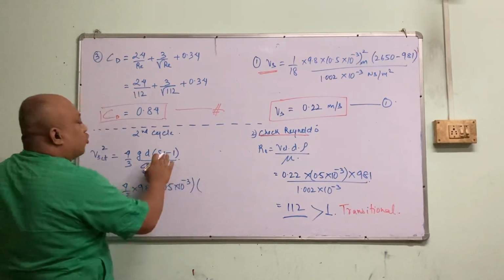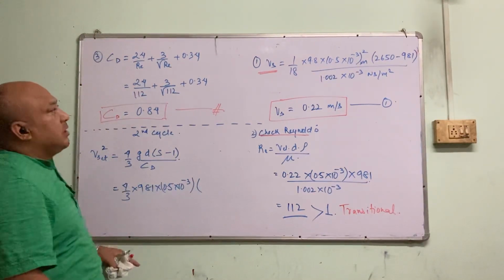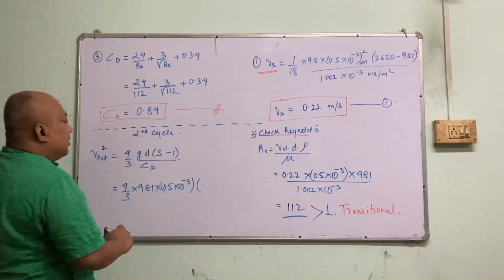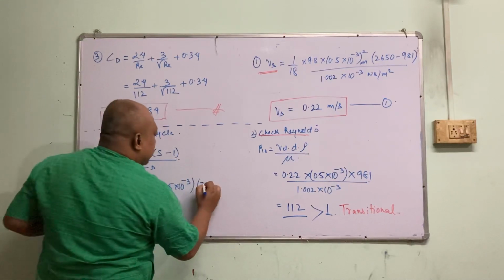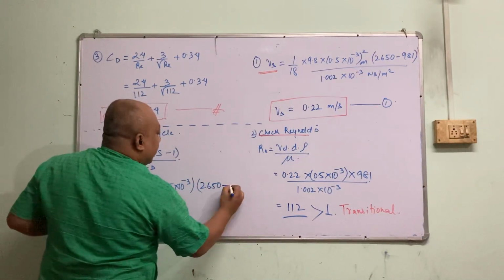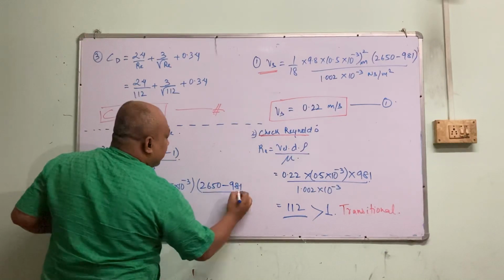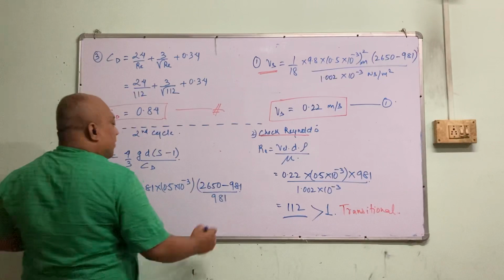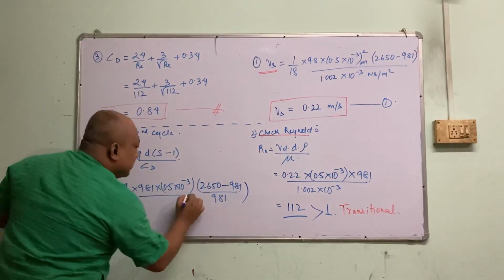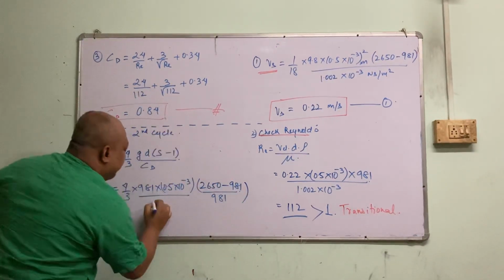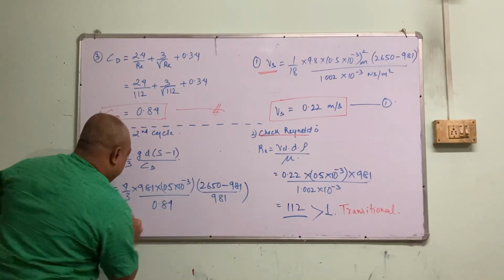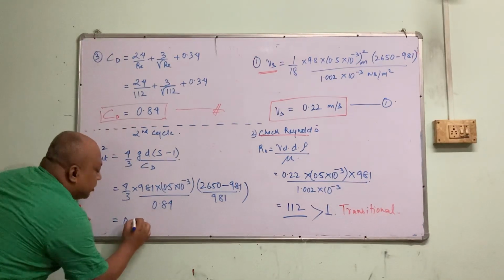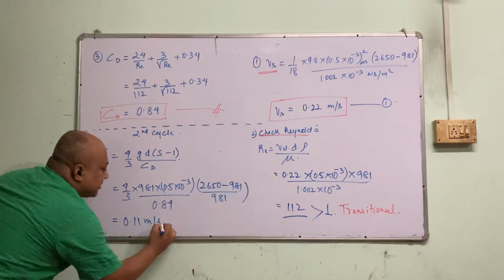S minus 1 is not 2.65 minus 1, because the density of the water given is not 1000 but 981. So what we can do is, here it is (2650 minus 981) divided by 981, divided by the CD value, 0.84. And this settling velocity, you got it as 0.11 meter per second.